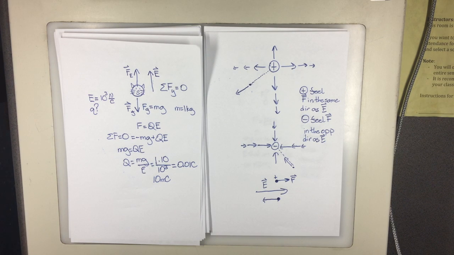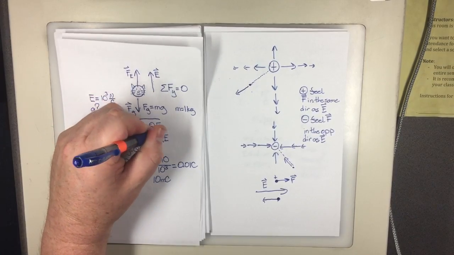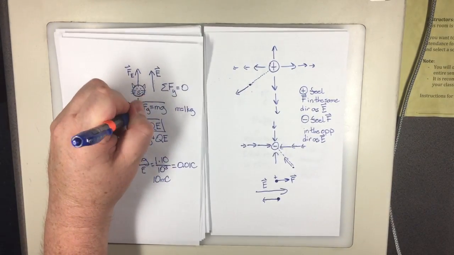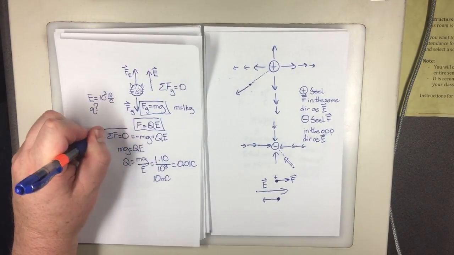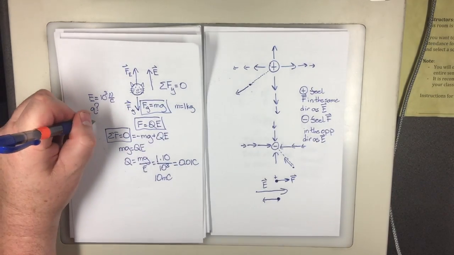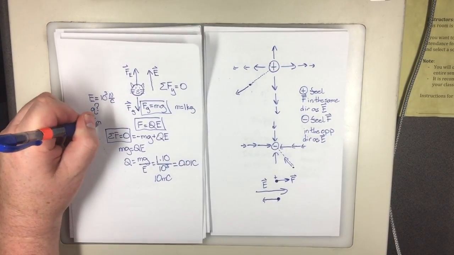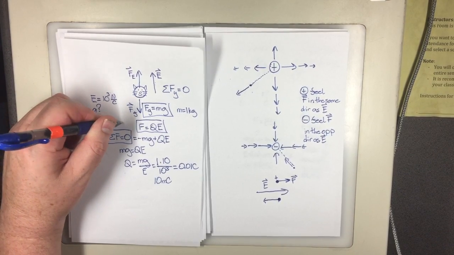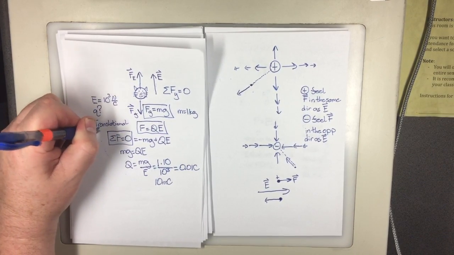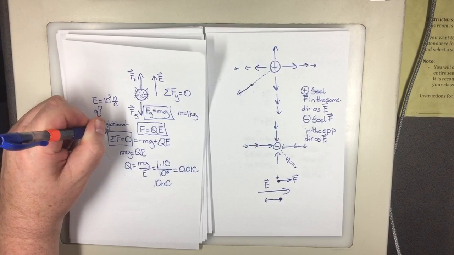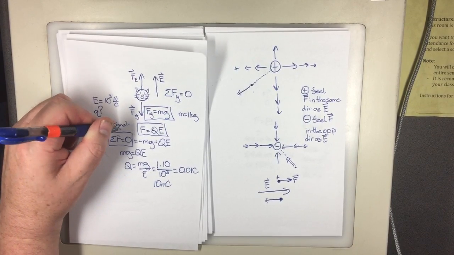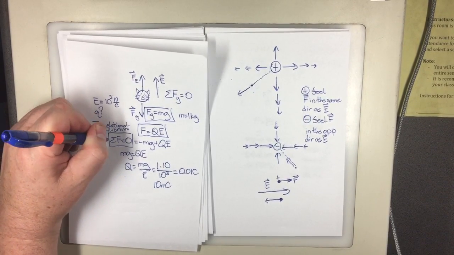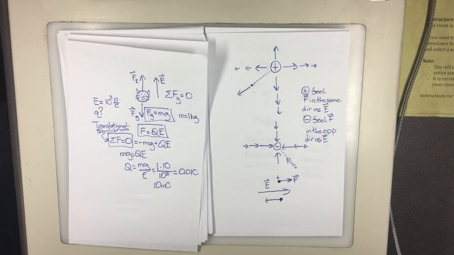So we were using some basic equations. F equals QE, the gravity force, the sum of the forces is equal to 0. This term, translational equilibrium, we have used in so many different problems.